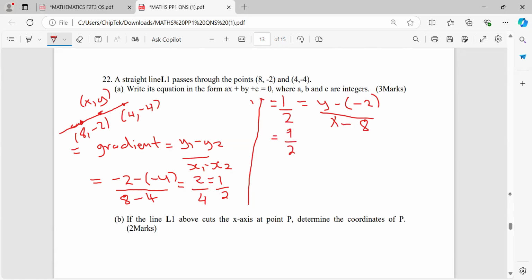Okay, a half equal to y plus 2 all over x minus 8. Cross multiply itakuwa y plus 2 times 2.